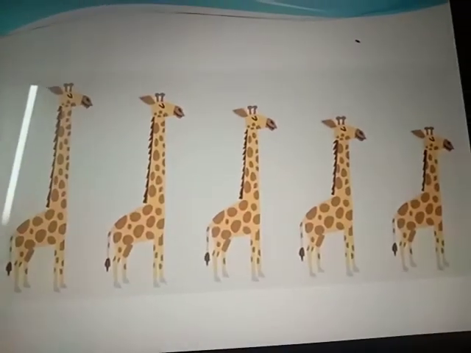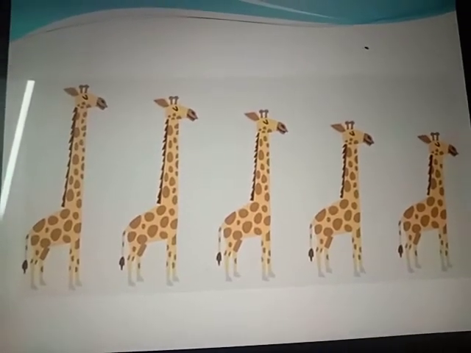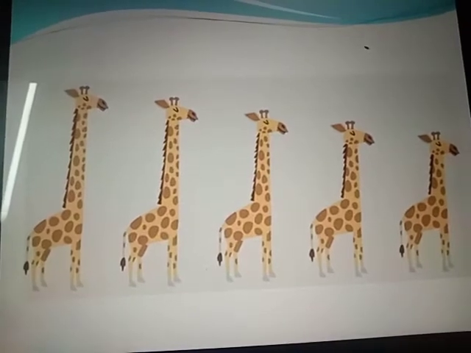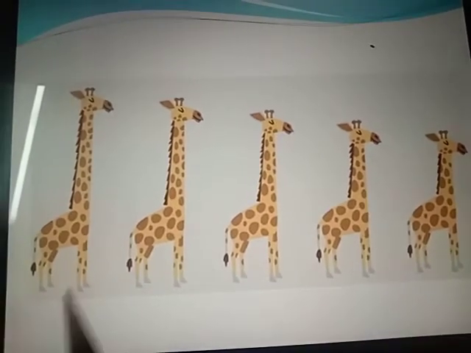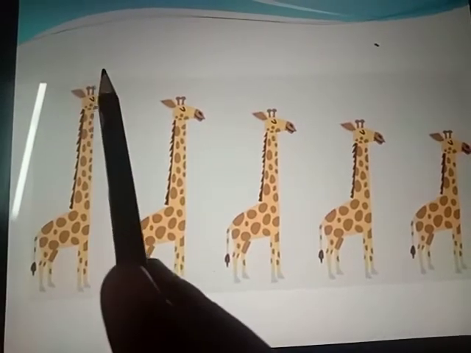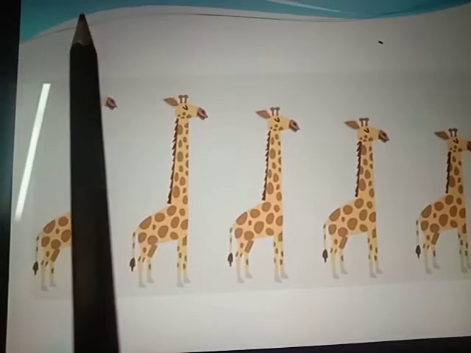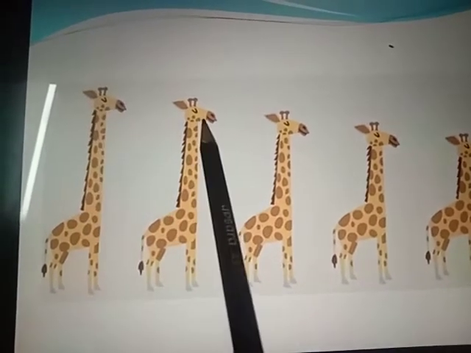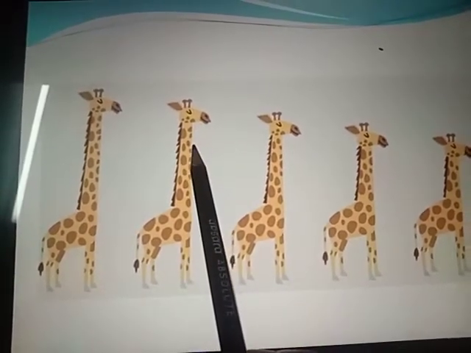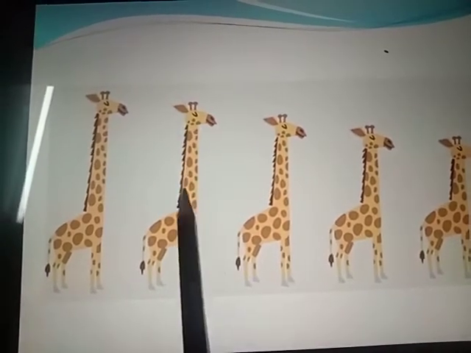See, in this picture we can see giraffes. Yes, wow, there are 5 giraffes. Look, the one that is standing at the front is the biggest one, the longer one. Afterward, the giraffe which is standing is of a bit shorter height.